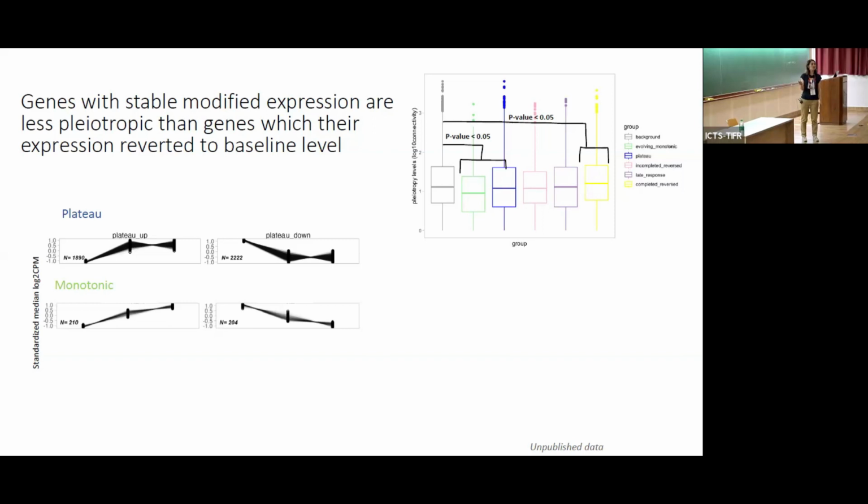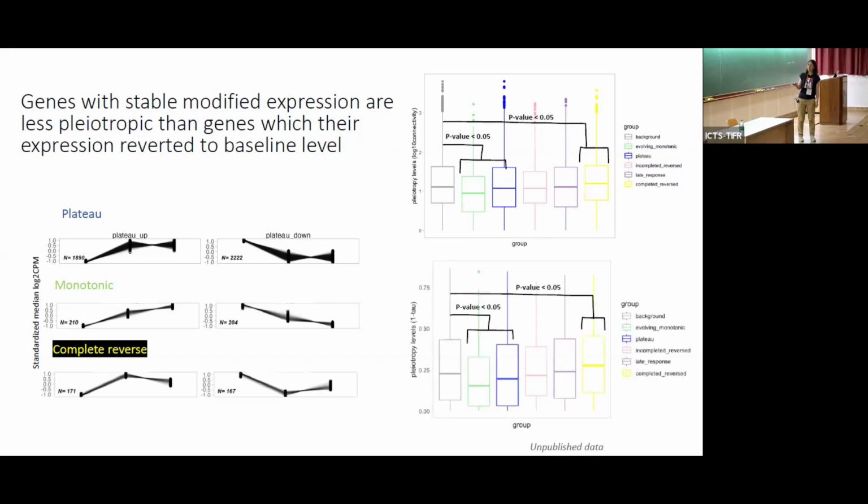And for those genes that after an initial increase or decrease in expression reverted to the baseline, we observe that these are the highly pleiotropic ones. So the level of pleiotropy is significantly higher than the background. And this is based on gene connectivity.